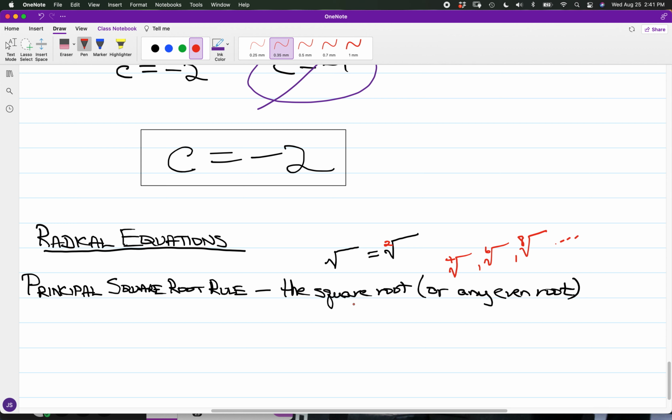Now the square root or any even root of an expression cannot reduce to a negative constant.